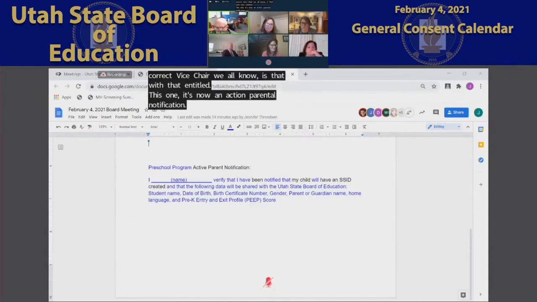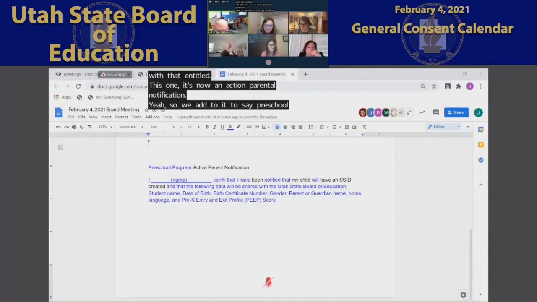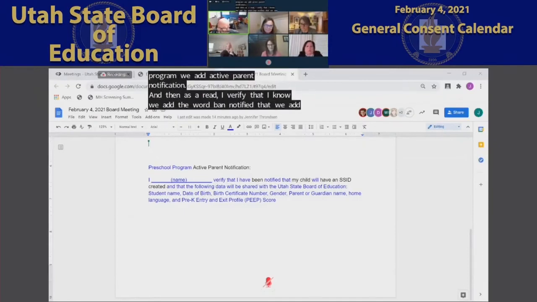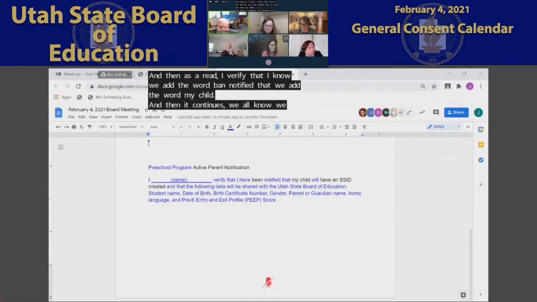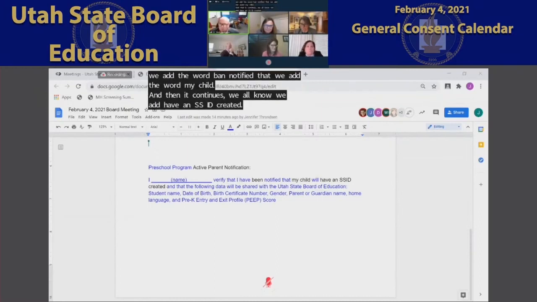And then it continues will, and then we add have an SSID created. And then the form continues on to say, and that the following data will be shared with the Utah State Board of Education: student name, date of birth, birth certificate number, gender, parent or guardian's name, home language, and pre-K entry and exit profile score. So that's the motion on the table.